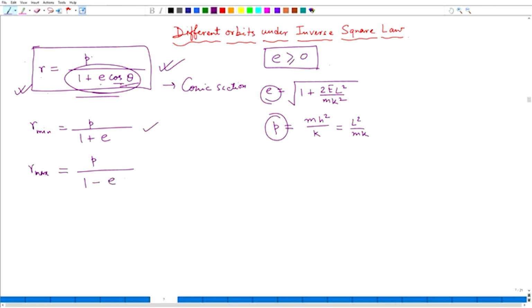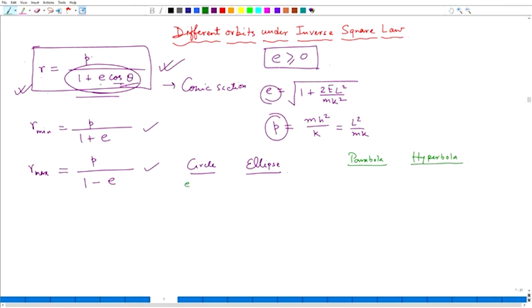Now, you see a very interesting conclusion from that. From my coordinate geometry knowledge, I know the circle, the ellipse, and then the other two, the parabola and the hyperbola, and I know their eccentricities.